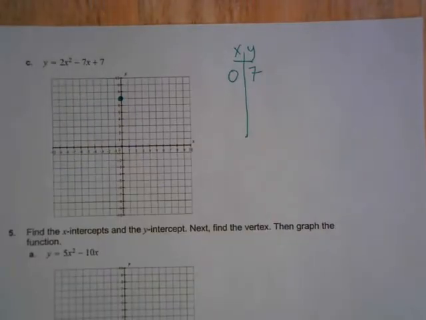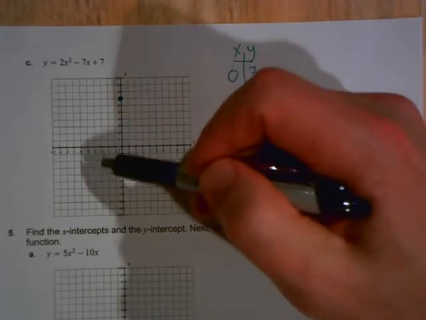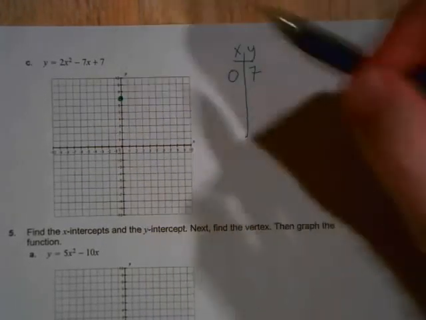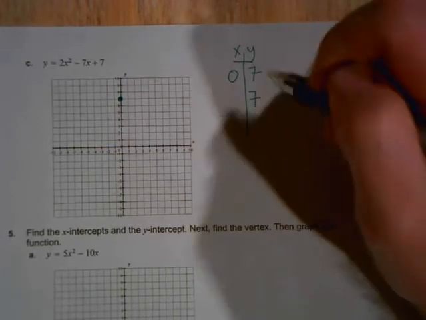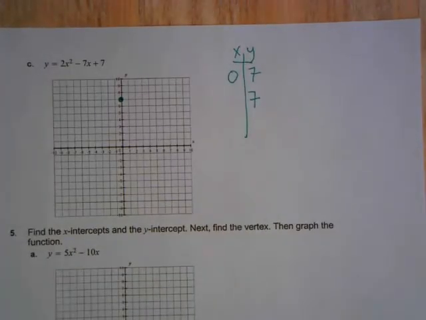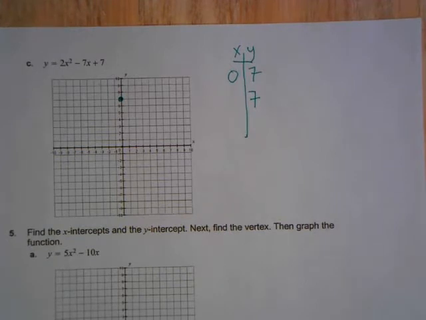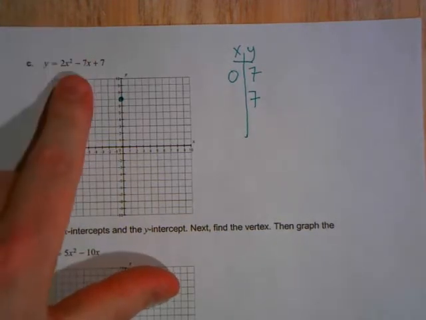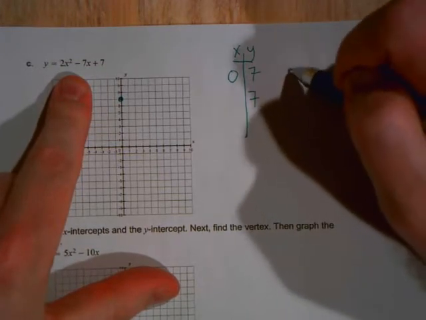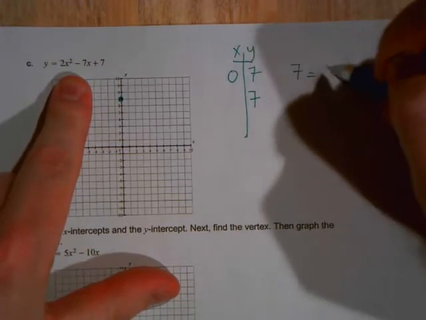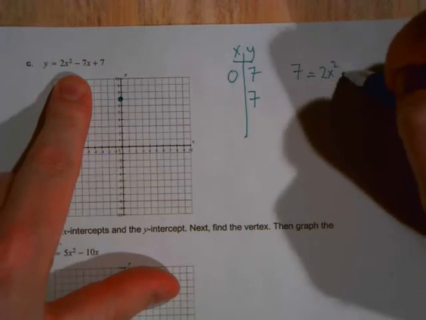Once again, I know there has to be another spot somewhere. I don't know where. It could be over here, it could be over here, but I know there has to be another spot where y is 7, because that's the symmetry property of parabolas. So I come back to my equation, and I'm going to plug 7 in for my y number. 7 equals 2x squared minus 7x plus 7.